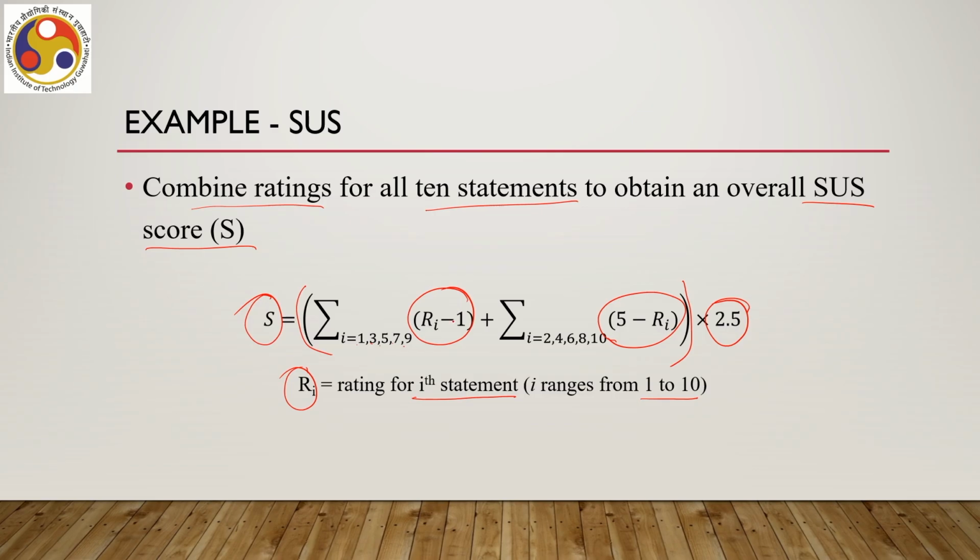So, rating minus 1, and when it is the negative statements, that is 2, 4, 6, 8, 10, then we use the expression 5 minus Ri. Then we add these two sums and then multiply it with 2.5. That is the formulation to combine the scores.